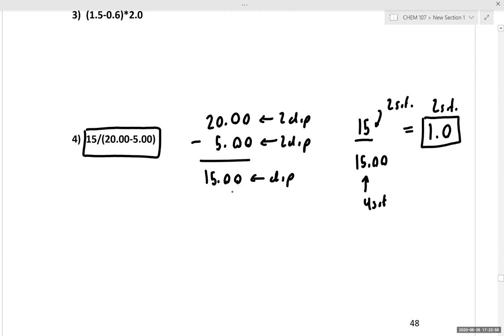Then we use this entire number, 15.00, in our division operation. For division, we care about significant figures. The top number has 2 significant figures. The bottom number has 4. So our final answer should have the least number of significant figures from our 2 measurements, which would be 2 significant figures. Does that make sense?